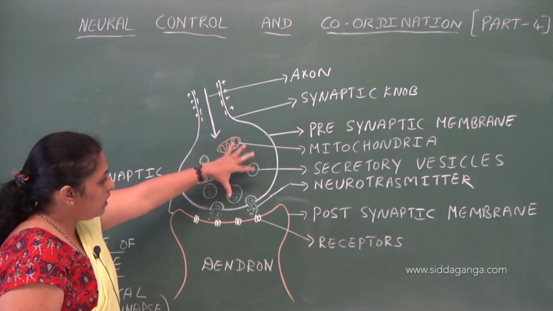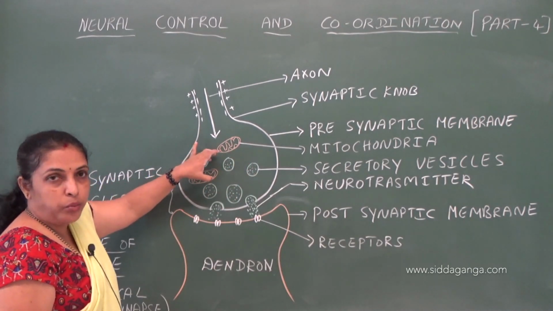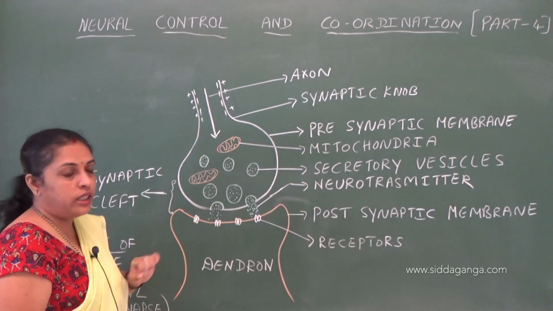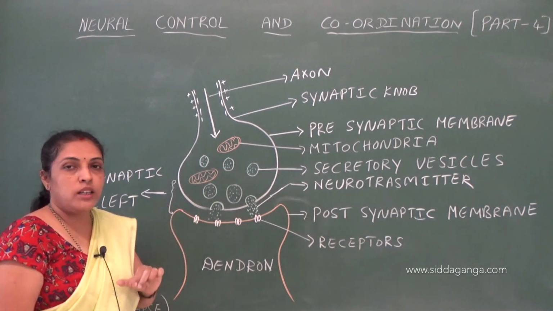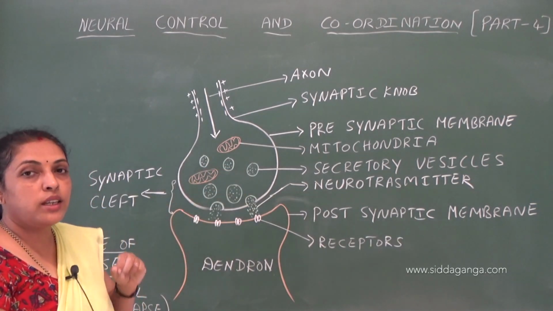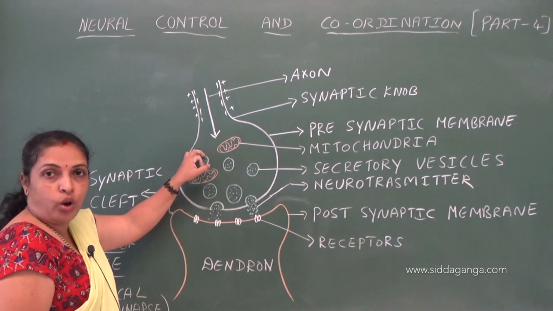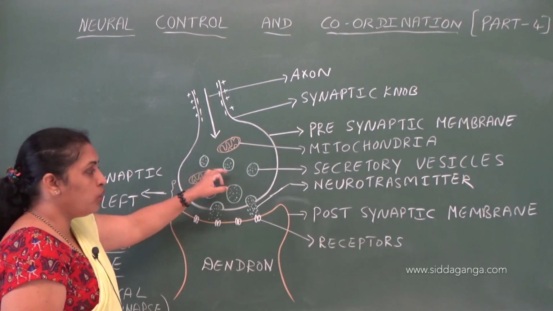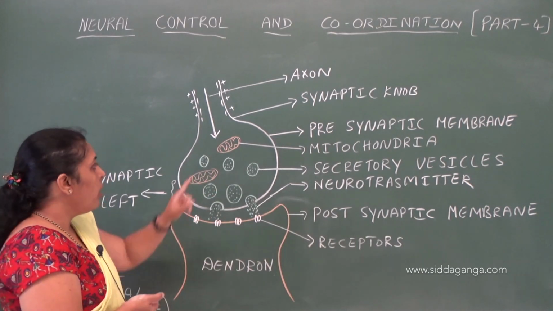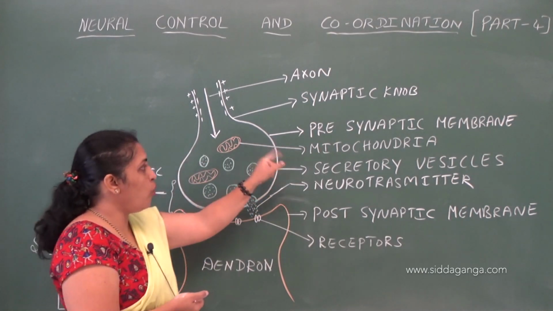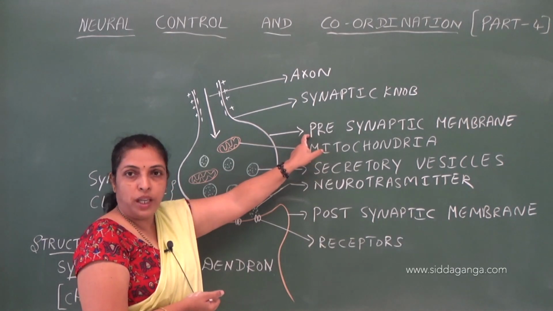It terminates with synaptic knobs. That knobs contain secretory vesicles. Inside the secretory vesicles we see neurotransmitters, and we see mitochondria which provide ATP molecules for neurotransmitters, and the membrane of the synaptic knob is called presynaptic membrane.